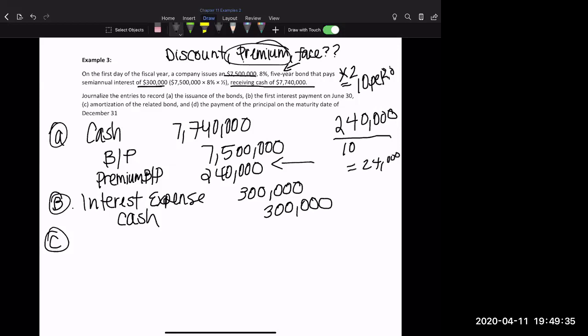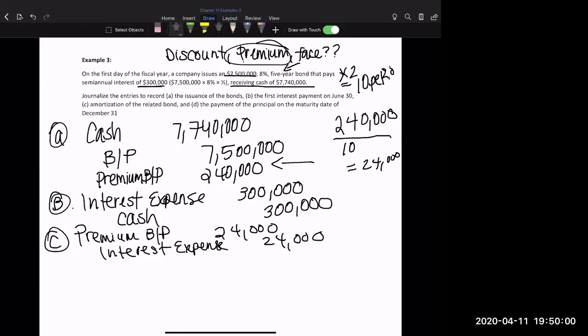To journalize this, we're going to do a debit to premium on bonds payable in the amount of $24,000, and then our credit is going to be to interest expense. I'll come back to combining these two journal entries in a second.